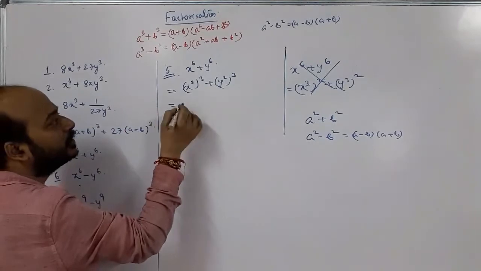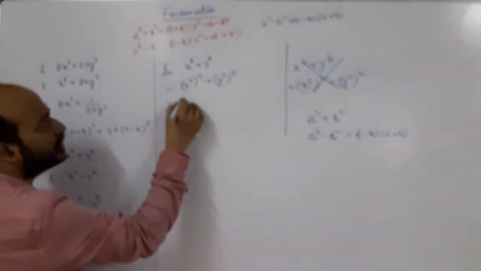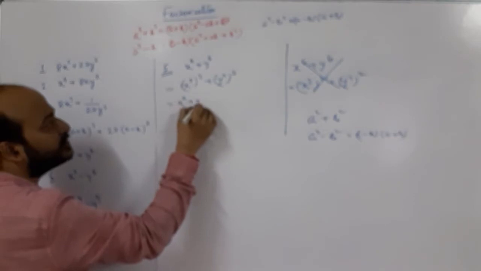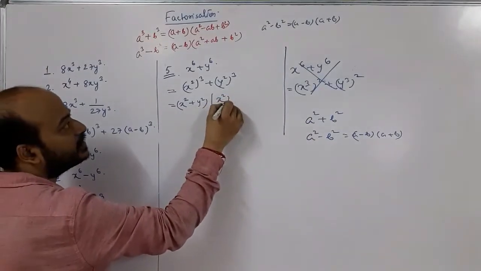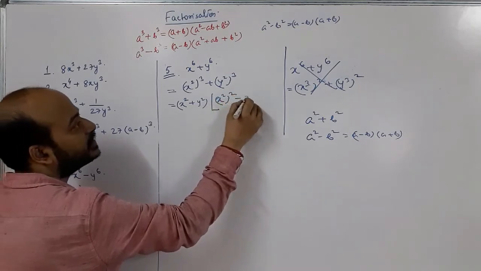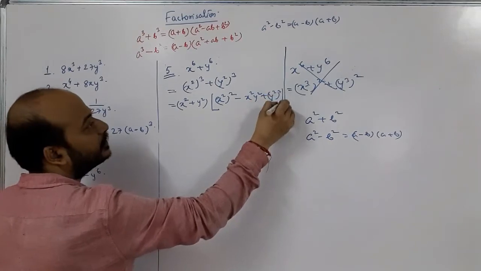And now normally you think this x square is a and y square is b, so this becomes a cube plus b cube again. So this is a plus b and then a square minus ab plus b square.